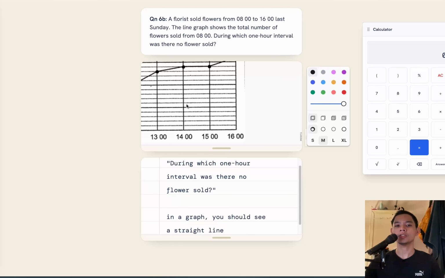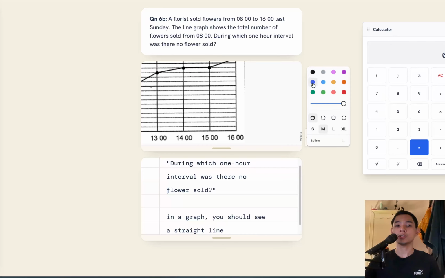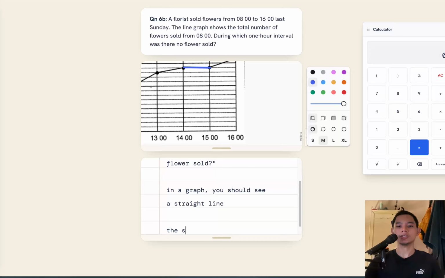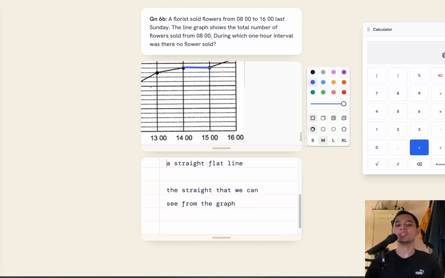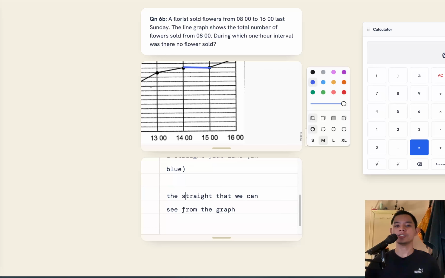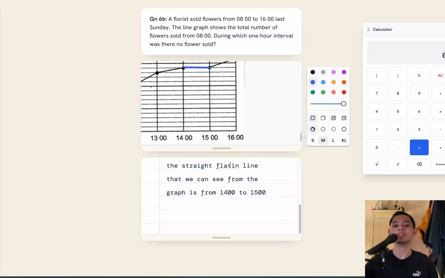Let me mark it in blue. The straight flat line is from 1400 to 1500. There you go, that's the answer: 1400 to 1500.